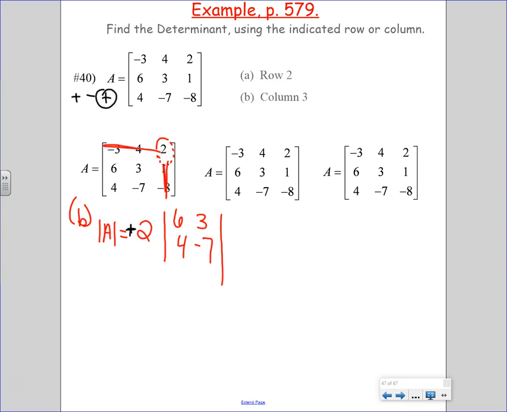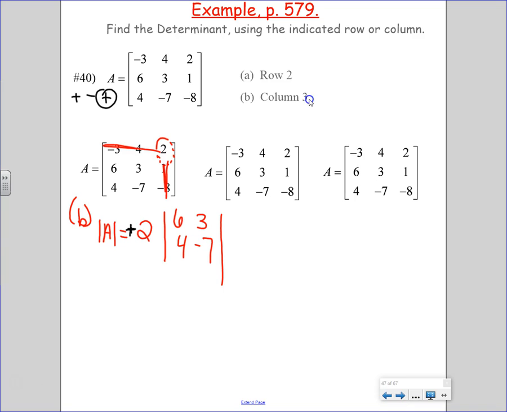But guys, am I done? No. What do I have to do to finish? Keep going down column 3. Ready, set, try to follow the pattern. I started going down column 3. Can you guys finish going down column 3?